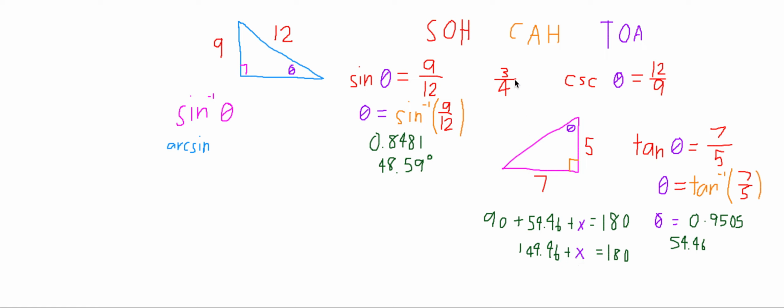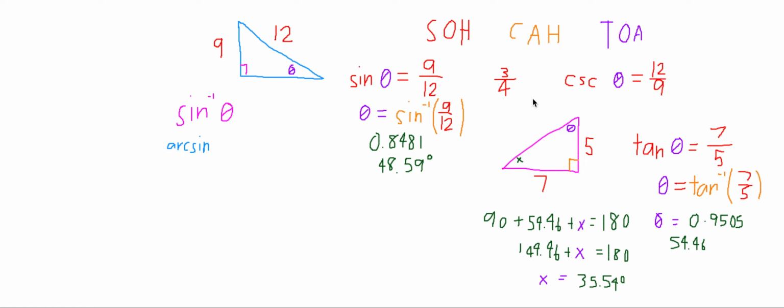Finally, to solve for x, we subtract 144.46 on both sides. So x is 180 minus 144.46, which is 35.54 degrees. So that's this other measurement here, and I'll just put x here.